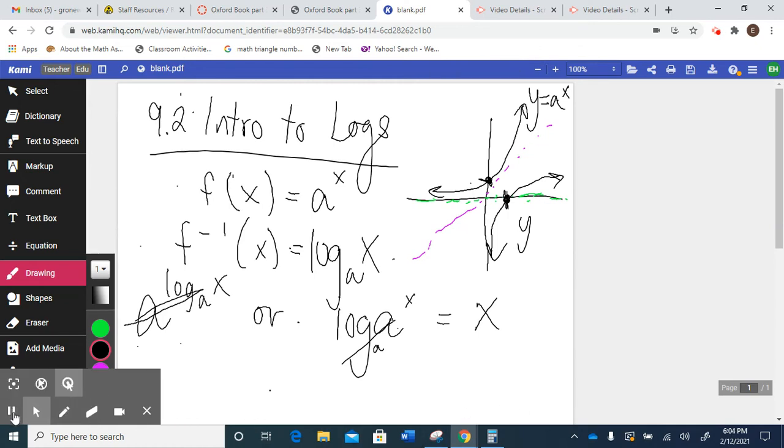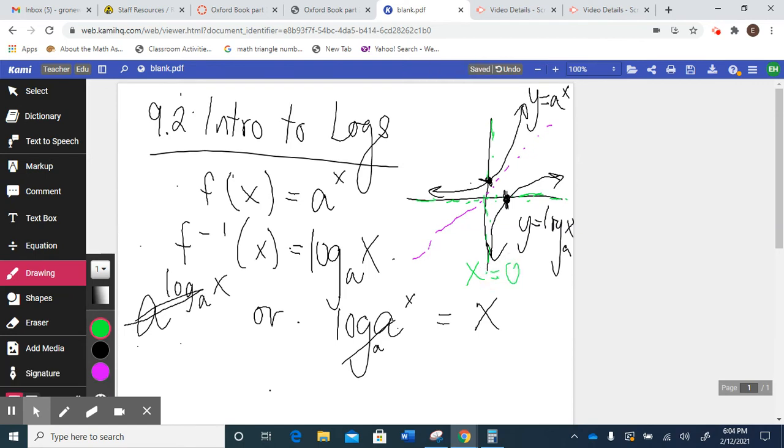Okay, so that second graph that I drew is y equals log base a of x. And instead of a horizontal asymptote, it has a vertical one here. So it's x equals 0.